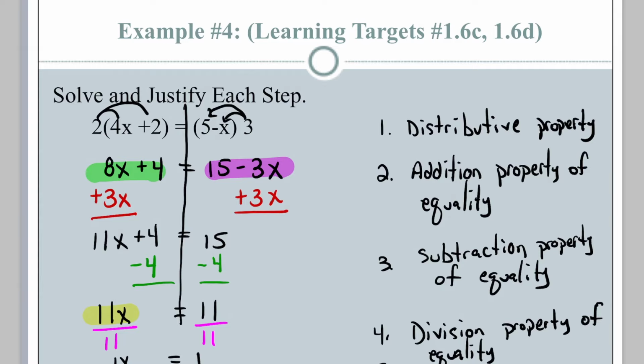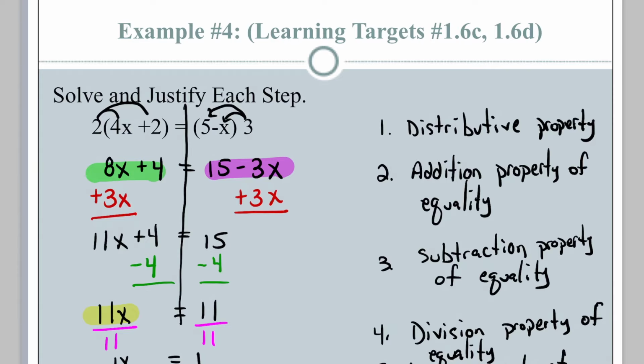And just to show that you can use other properties of real numbers, 1 times x is x, and that is the identity property of multiplication. And so 1 times x is x, and so x is equal to 1.